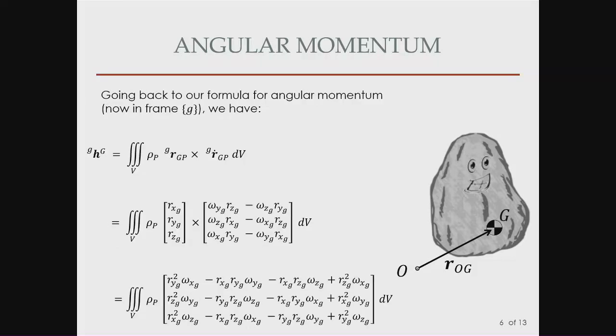So this is what we are doing here: RGP, RGP dot, both in the same frame. I'm doing the cross product, and this is it. Beautiful.